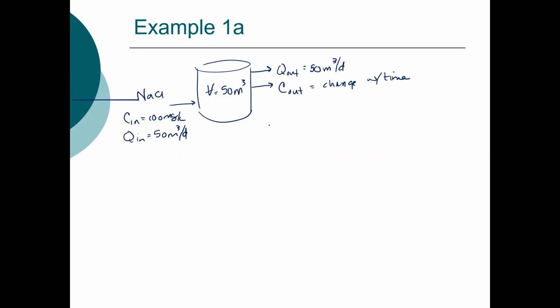So in terms of the assumptions, we've said that the volume is constant. We'll assume no short circuiting. No dead ends.